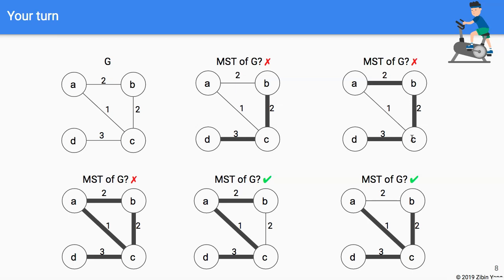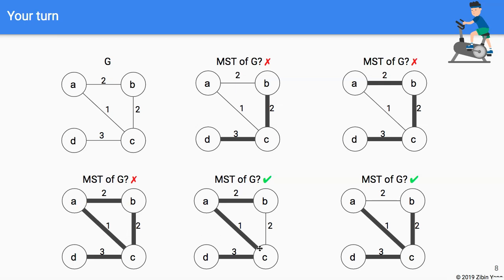Well, it is spanning, and it's a tree because there's no cycle, but it's not the minimum. As we'll see, we can find a spanning tree that has smaller total weight. What about this one? Well, it is a spanning graph, but it's not a tree because there's a cycle, right? And because there's a cycle, this is definitely not minimum.